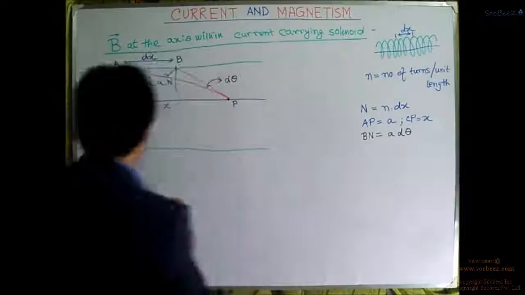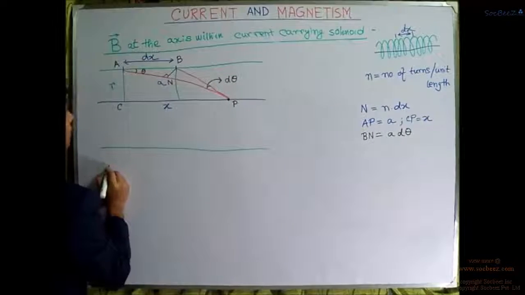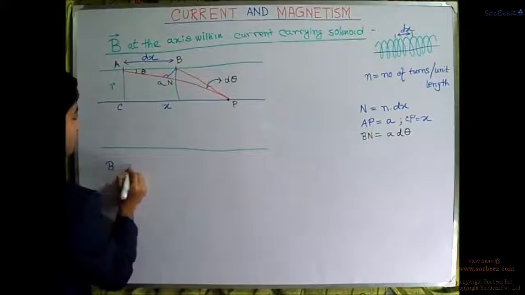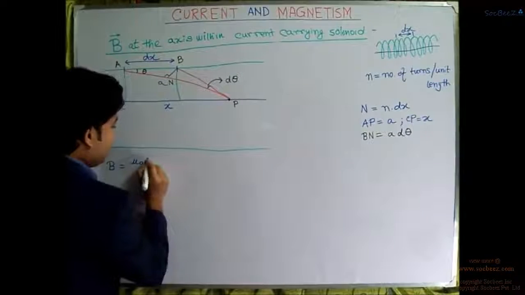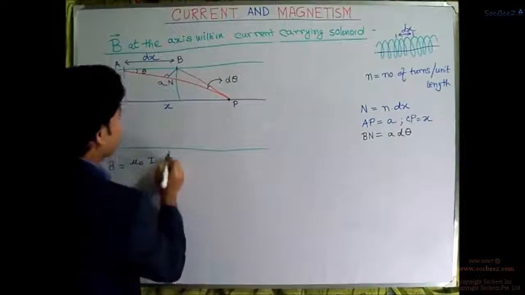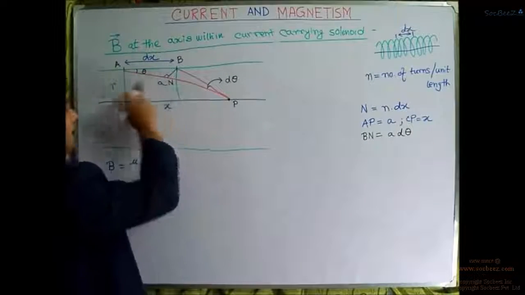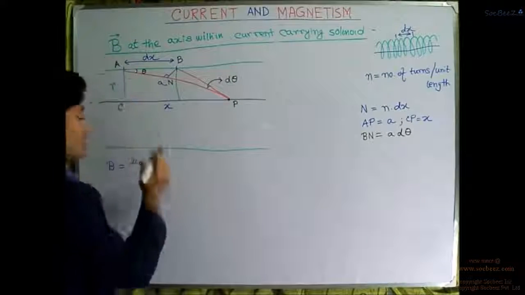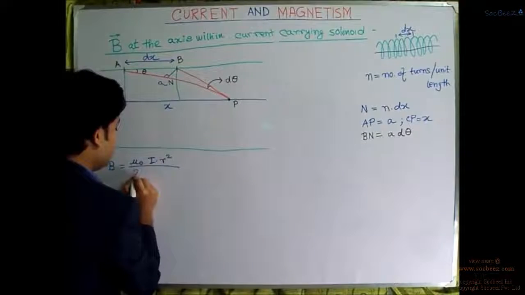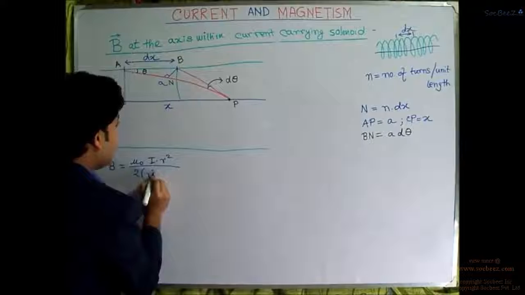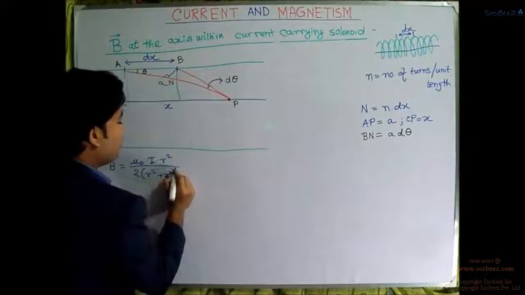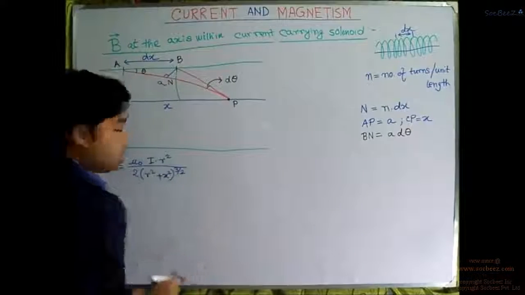We know that B was found out to be mu naught I R square divided by 2 multiplied by (R square plus X square) to the power 3 by 2, where this distance is A and this one is R.